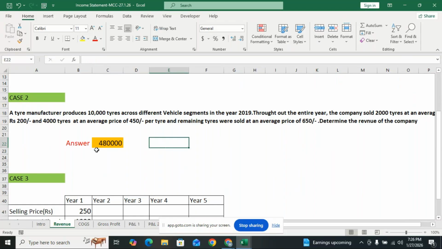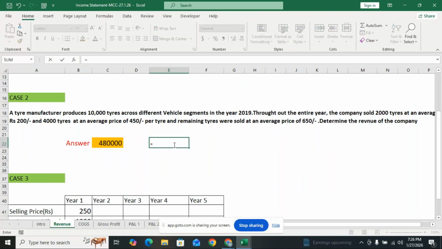I'm just giving you the answer; you can easily work it out. Just multiply 2,000 tires into 200 plus 4,000 tires into 450 plus remaining how many? If 6,000 goes out of 10,000, remaining 4,000 tires at a price of 650. So sum up all, you should be able to get 4 lakh 80,000 as the total revenue generated from the sale of the tires by the tire manufacturing company.